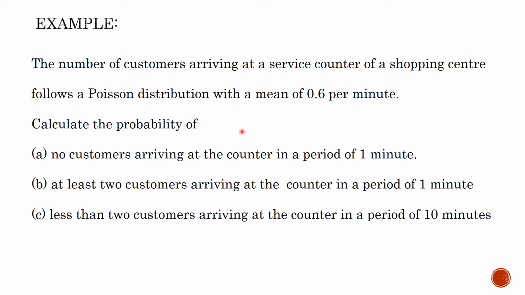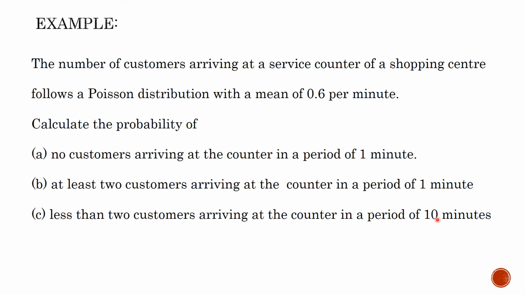Calculate the probability of no customers arriving at the counter in a period of 1 minute, at least 2 customers arriving at the counter in a period of 1 minute, and less than 2 customers arriving at the counter in a period of 10 minutes.